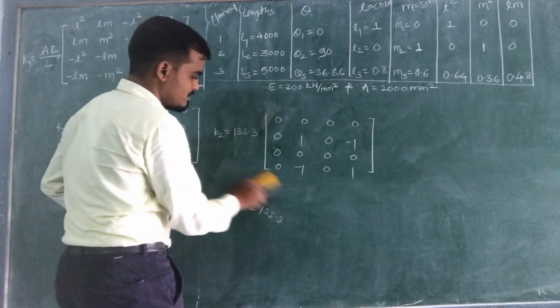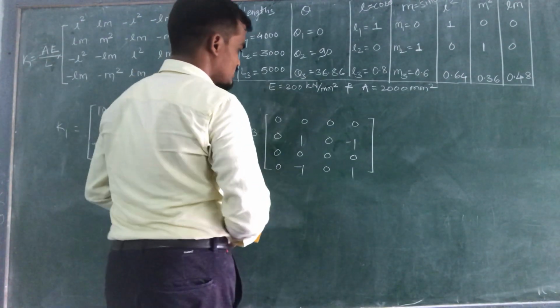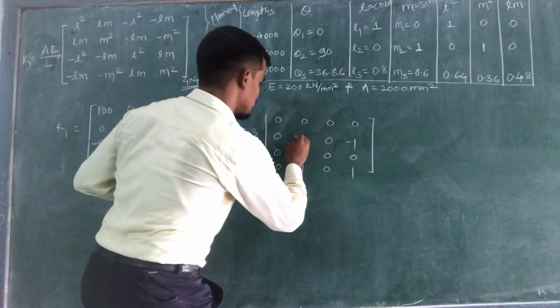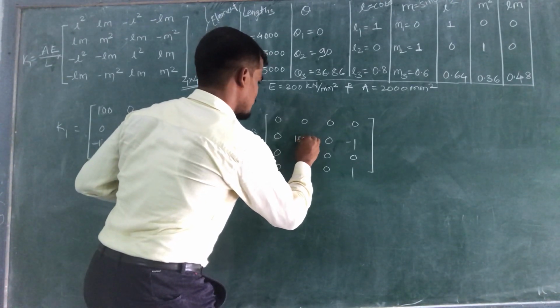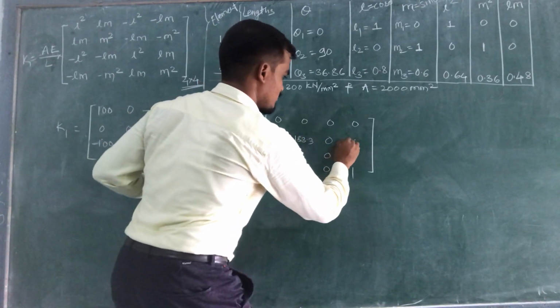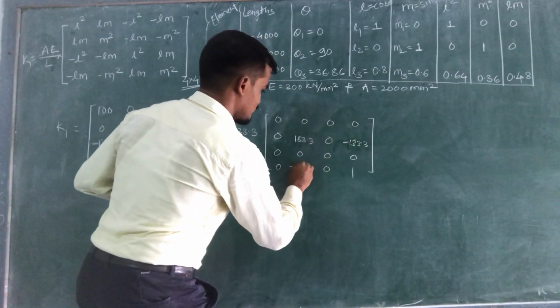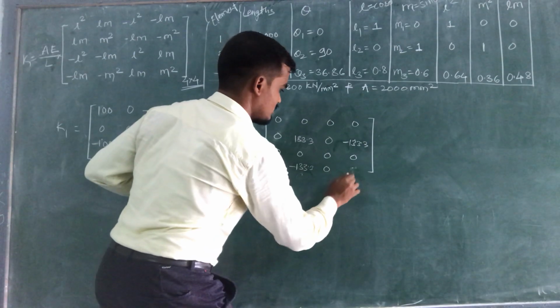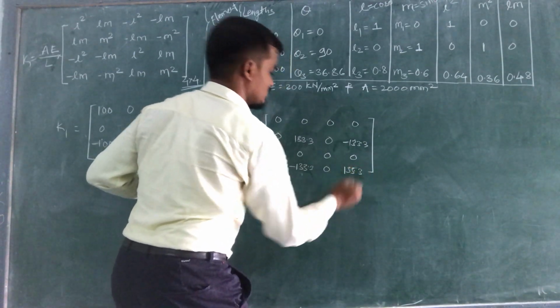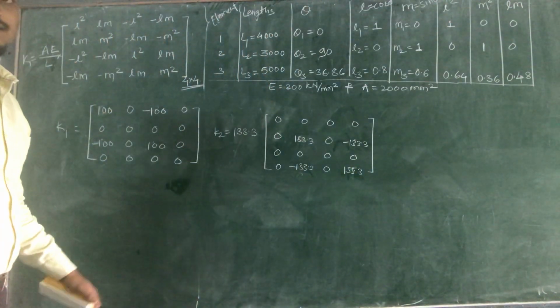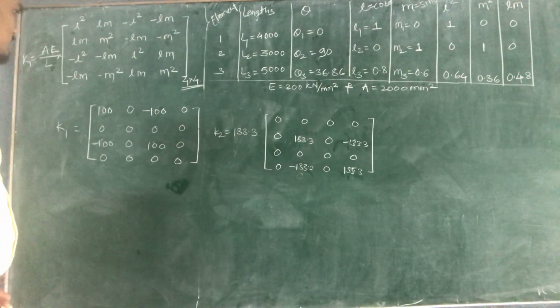Now by multiplying to this matrix, only these elements will change: 133.3, minus 133.3, minus 133.3, 133.3. So this is your second elemental stiffness matrix.